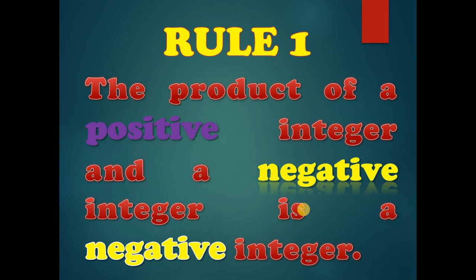Or, kahit baliktarin natin yon, negative pa rin. Or, kapag nag-multiply tayo ng mga integer na magkaiba ang sign, ang palaging sagot ay negative. Negative lahat. Okay, that's rule number 1.